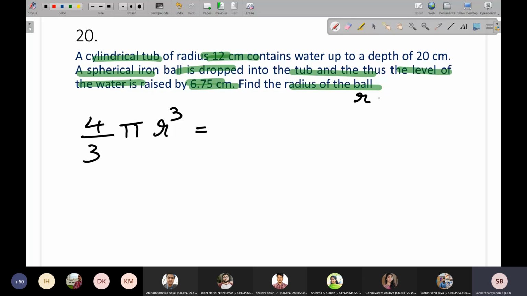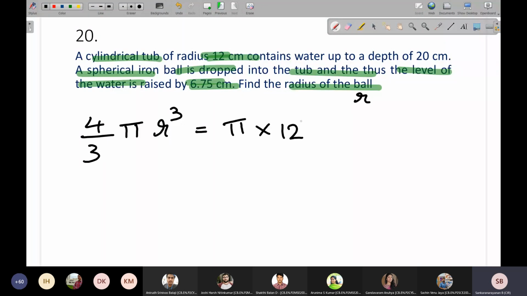Because of the presence of the spherical ball, the height of the water level inside the cylindrical tub has increased. So the volume corresponding to that increase is nothing but pi into r square, the radius is given to be 12 centimeters, so 12 square into height.